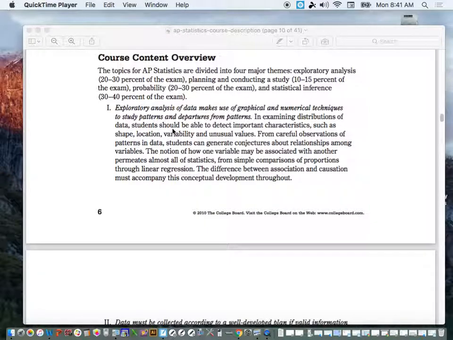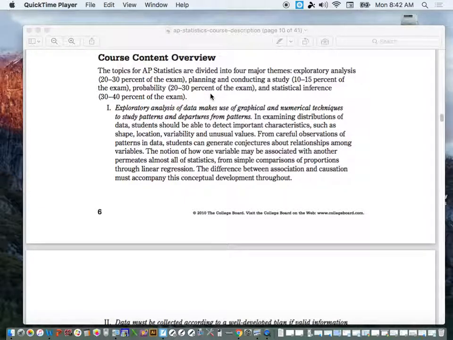So that was a lot of Unit 1, a little bit of Unit 2. Planning and conducting a study, that was mainly Unit 3, so how you gather data with experiments or observational studies, simulations, random selection, that's 10 to 15% of the exam.